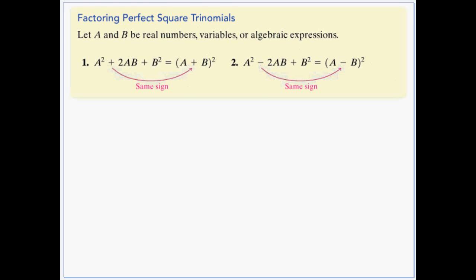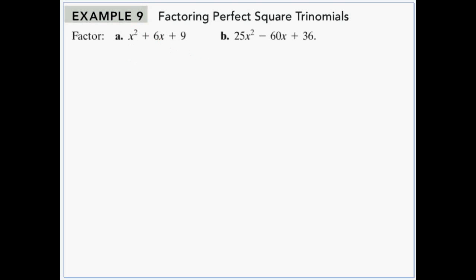Notice we always use the same sign as the middle term. Here is a plus, so that will translate into our binomial. Here it is a minus, that will also wind up in our final answer. And I'll show you how easy these are, especially if you know it's a perfect square trinomial. And here the directions are telling us that it is.